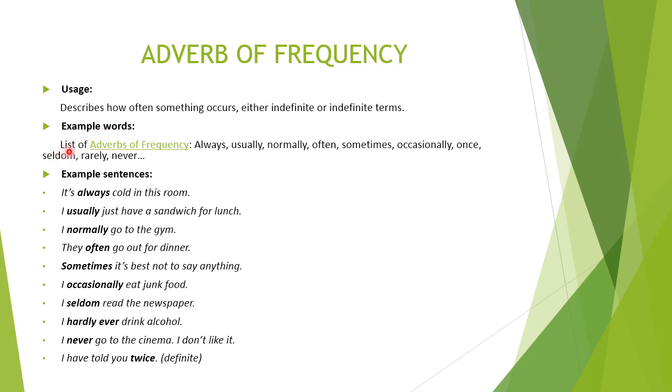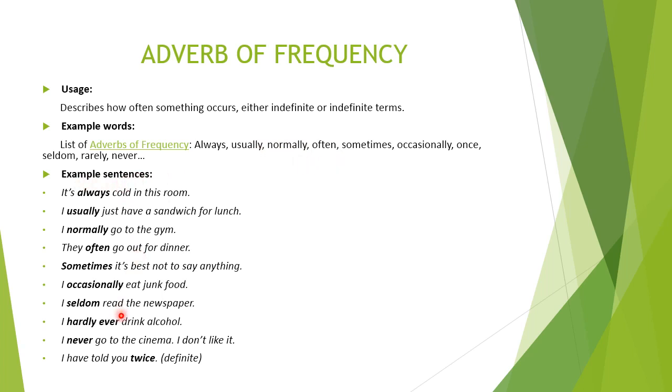Example words, list of adverbs of frequency: always, usually, normally, often, sometimes, occasionally, once, seldom, rarely, never. So wherever you are going to find always, usually, normally, you just write they are adverbs of frequency.